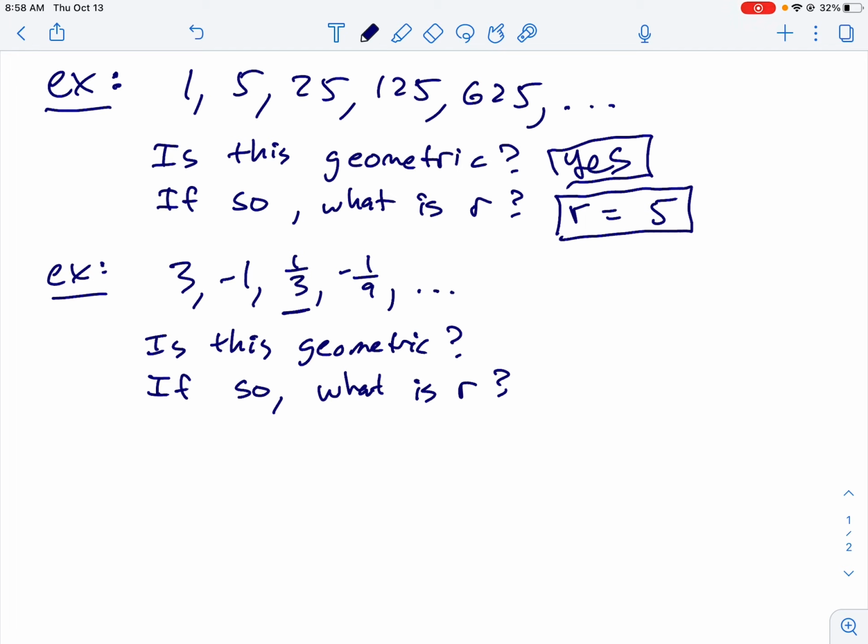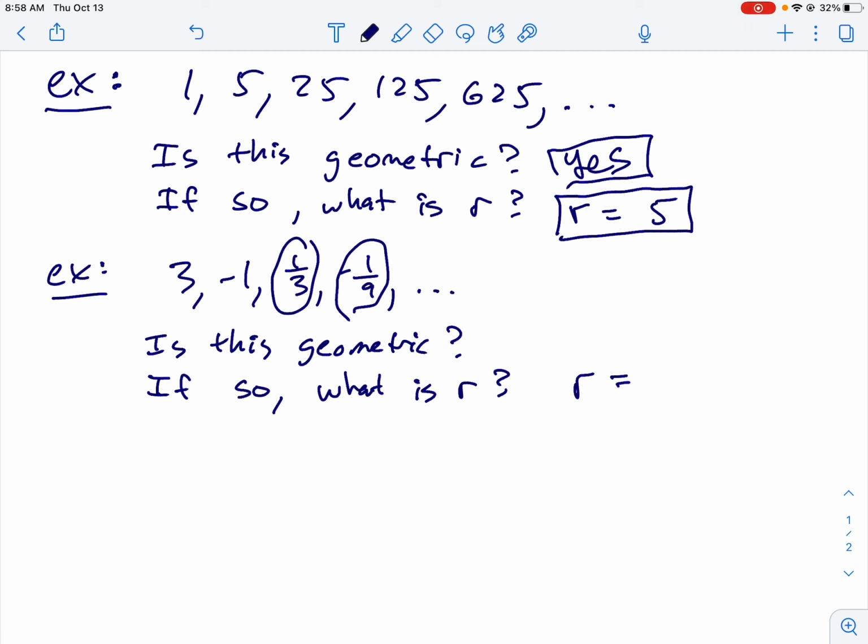You get the same exact thing, -1/3. If I take this one, -1/9, and divide it by 1/3, let's do that. -1/9 divided by positive 1/3. You get the same exact thing every time. You guys see what I'm saying? So what is the ratio here?